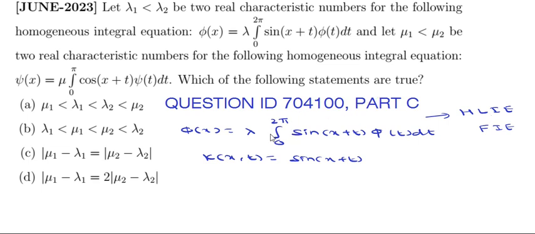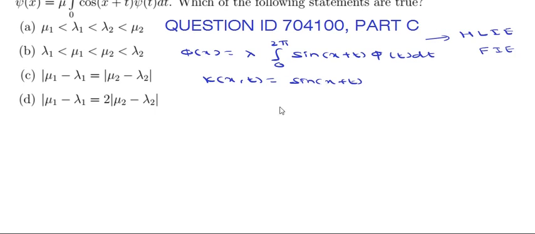So the integral equation of the form integral a to b k of x comma t phi of t dt. Therefore k of x comma t is sin of (x plus t). This can be expanded using the formula of sin of (a plus b), that is sin a cos b plus cos a sin b, so sin x cos t plus cos x sin t.